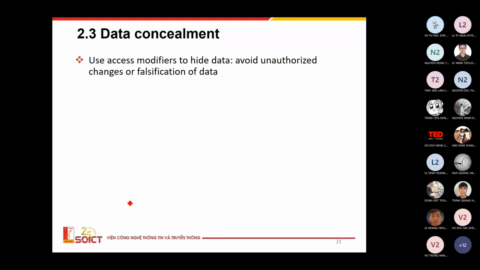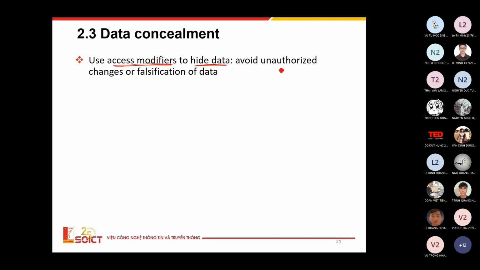So again, we repeat about the data concealment. Okay, that means you can hide the data by using the access modifier. Tức là bây giờ sử dụng cái access modifier là mình có thể che giấu được thông tin.